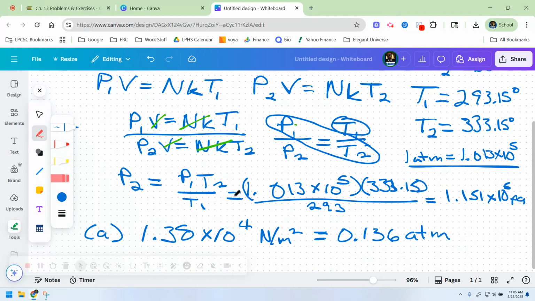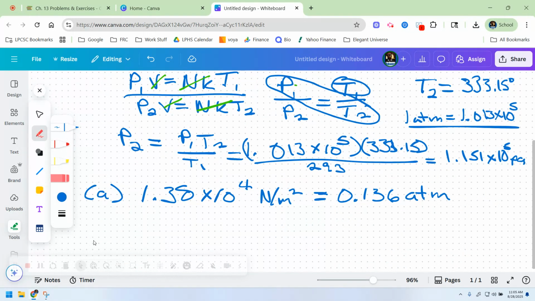I think we did the final first, and now we're going to do part A. So for the B part, we're going to let the second pressure, which we just solved for, be the final pressure without the bulb expansion.